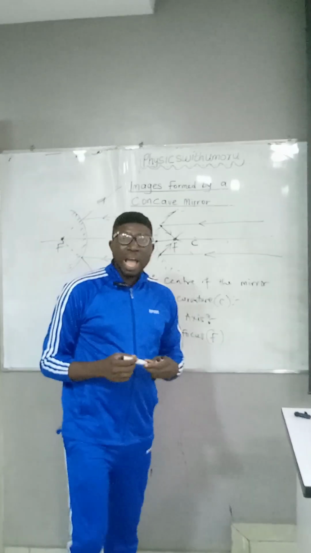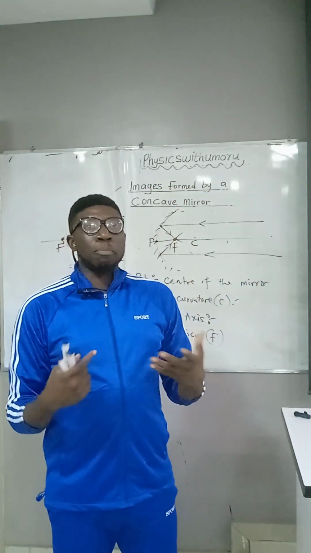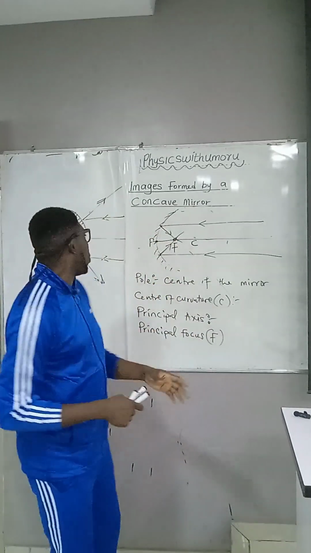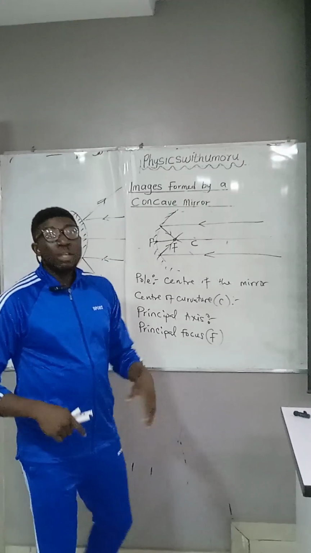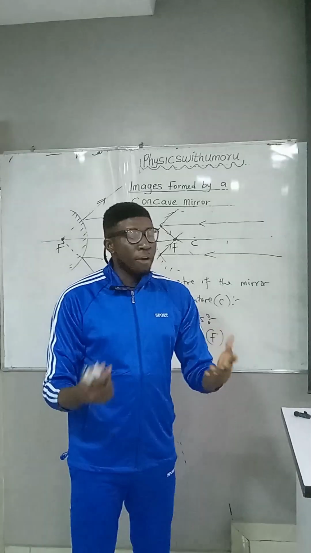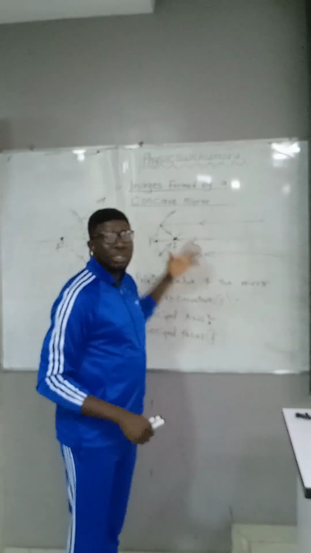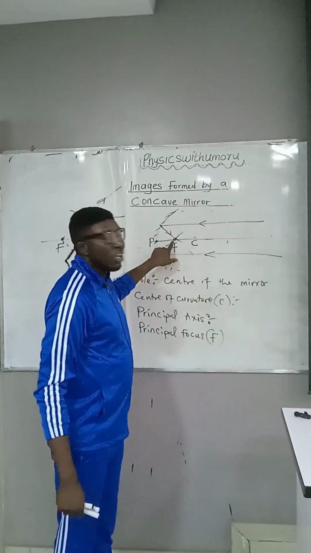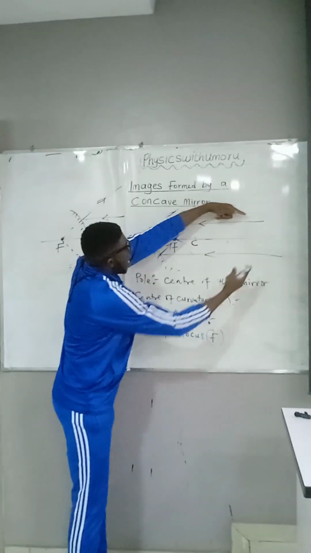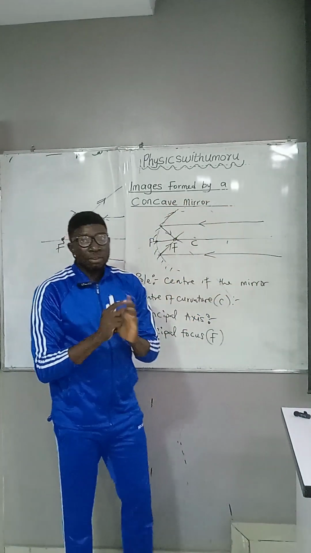So when you are asked to define the principal focus, it's either they ask you to define the principal focus of a converging mirror, or of a diverging mirror, or of a curved mirror. When you are asked to define the principal focus of a converging mirror, you say that it is a point on the principal axis where rays parallel to the principal axis will converge after reflection.